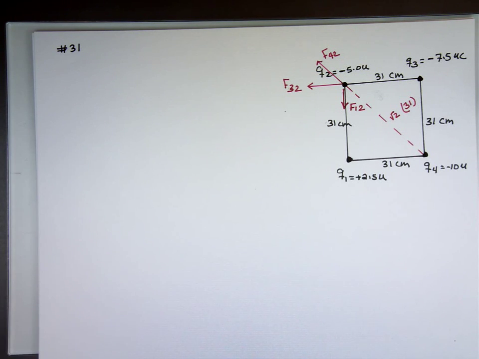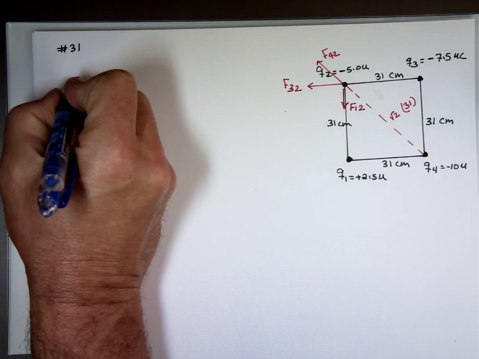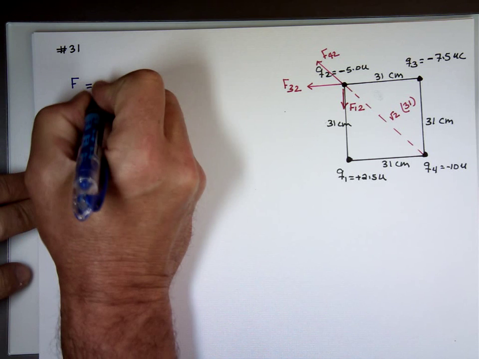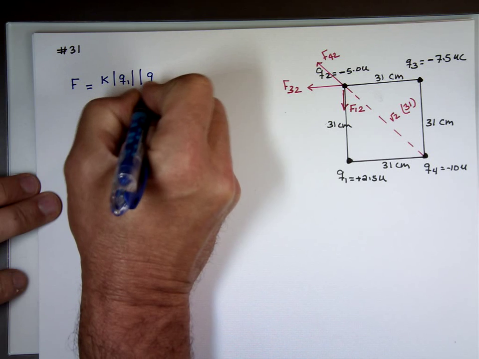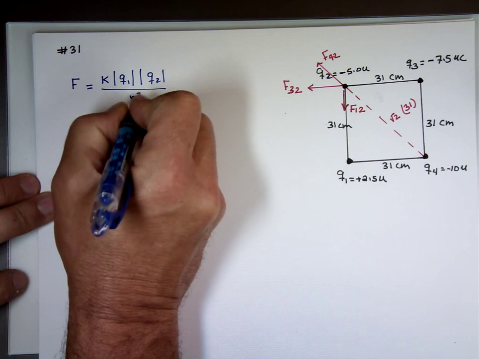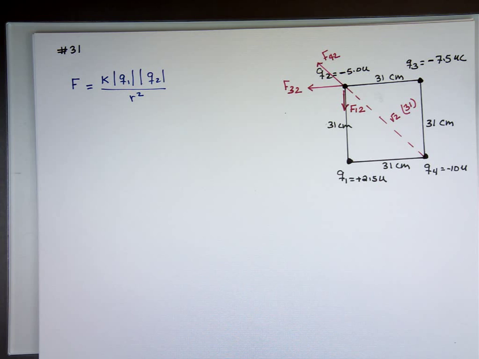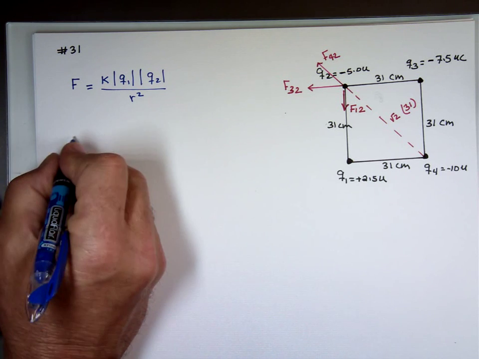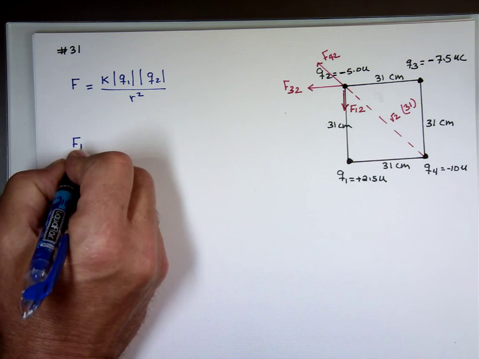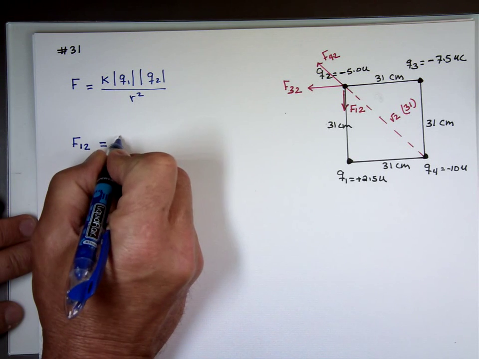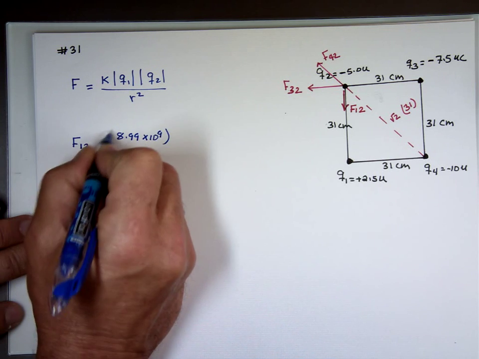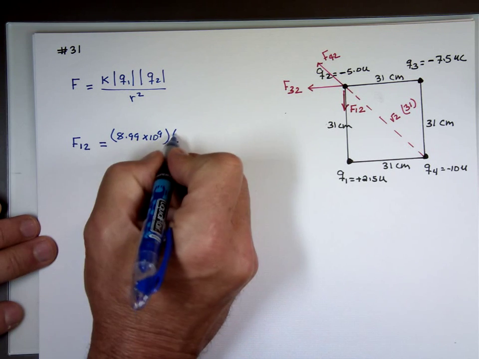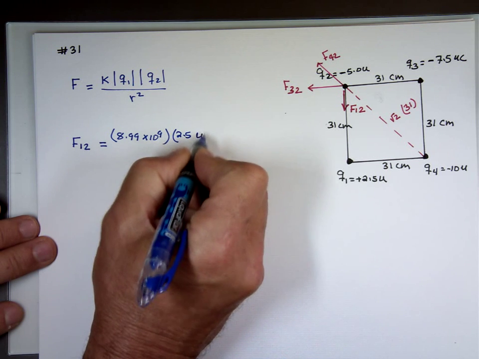So let me find each one of them. F1 on 2. Remember, the equation I'm going to be using for all of them is F equals K times Q1 times Q2 over R squared. So F1,2 is going to be K, which is 8.99 times 10 to the 9, times Q1, which is 2.5 micro. Remember, micro is 10 to the minus 6.